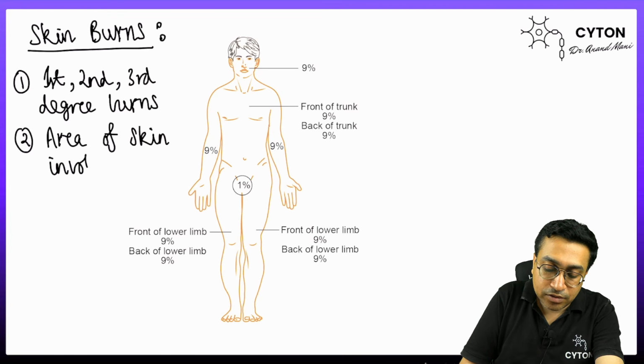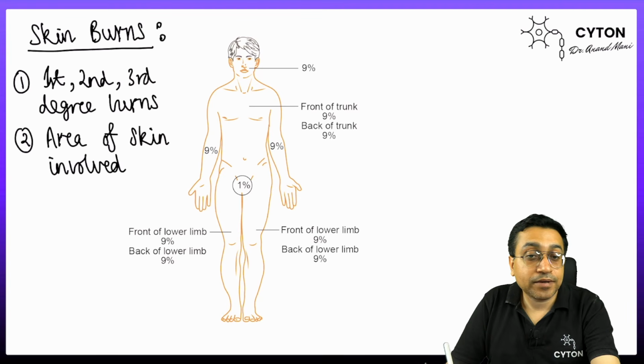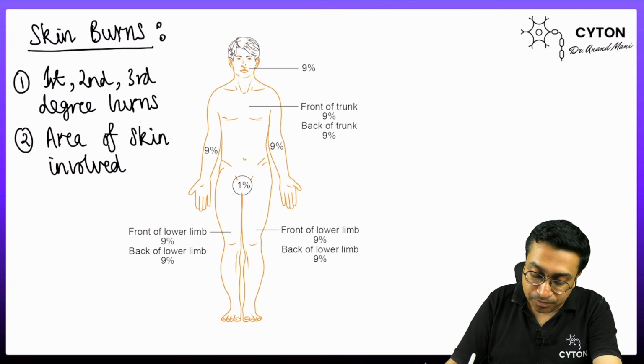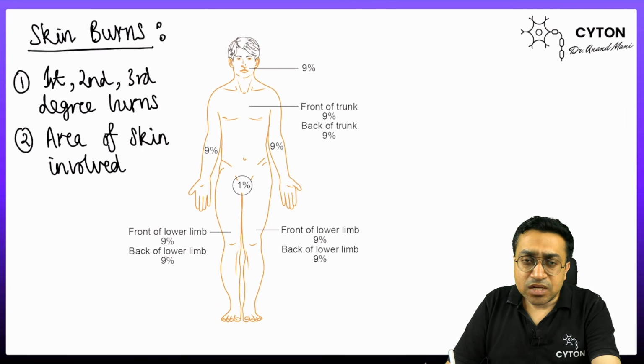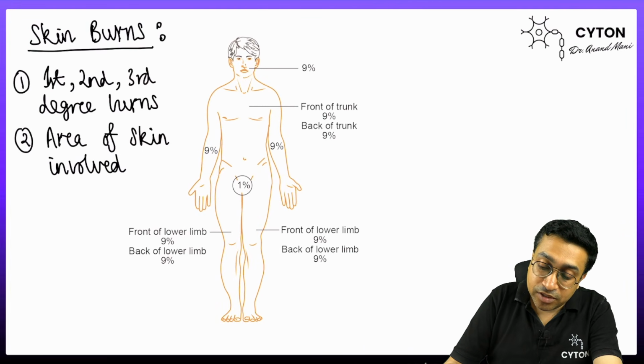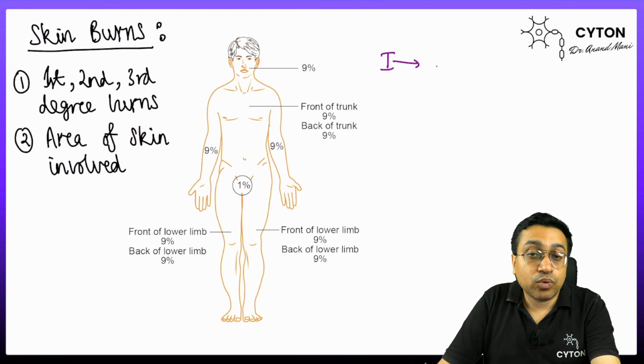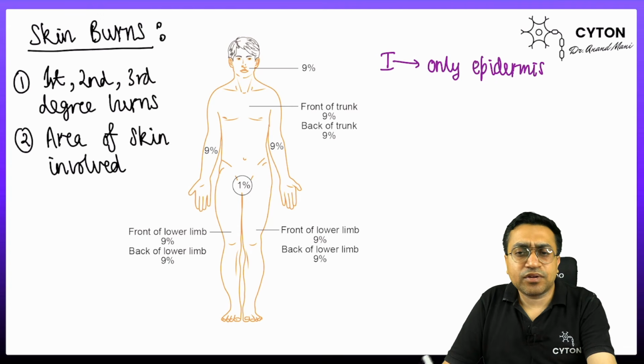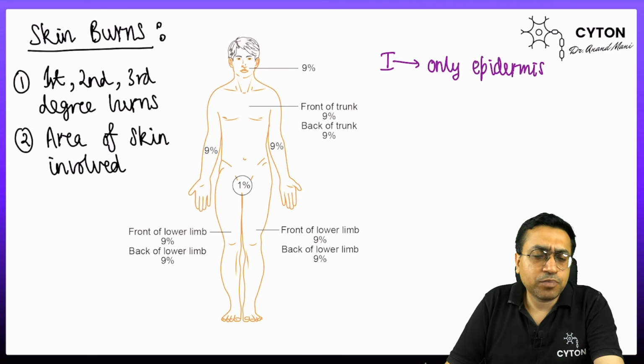So the first classification, the first degree, as you can imagine, write it on the side. First degree, that is only epidermis is destroyed. It results in redness or swollen skin. It is painful, but it heals in 3 to 6 days without scarring.